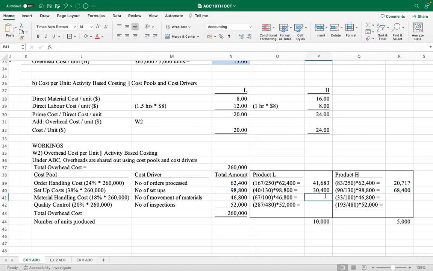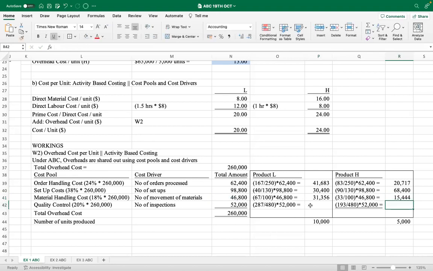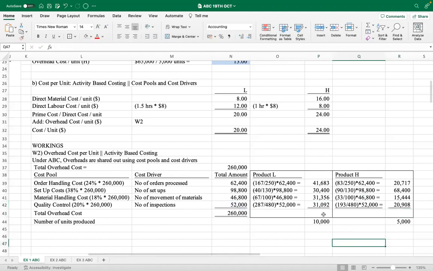We go to the next one, 67 over 100 times 46. This other side, 33 over 100 times 46. Next, we have 287 over 480 times 52, and this other side, 193 over 480 times 52. So we have calculated all the overheads.